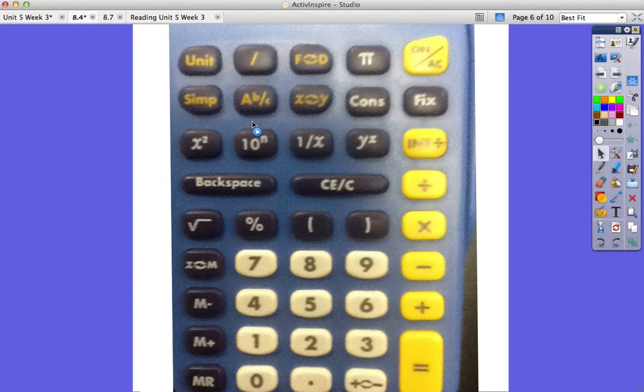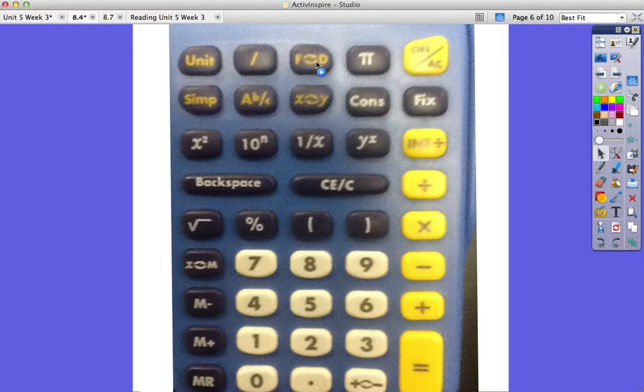In order to do these problems, you are going to need to use this unit button, and this is actually going to be a fraction bar. Once you finish your addition and subtraction problem, this F to D, D to F button might be of benefit to you, because it takes you from fraction to decimal and decimal to fraction.